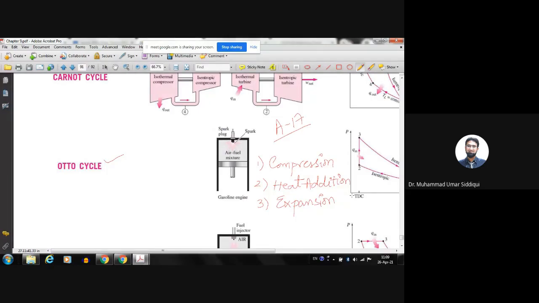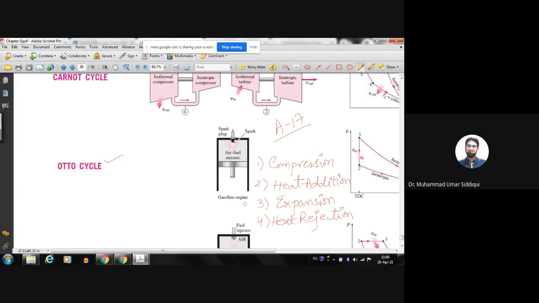This is the third step, expansion. And then the fourth step is the opposite of heat addition, which is heat rejection. We reject heat, and once we are done, we have returned back to the initial state.